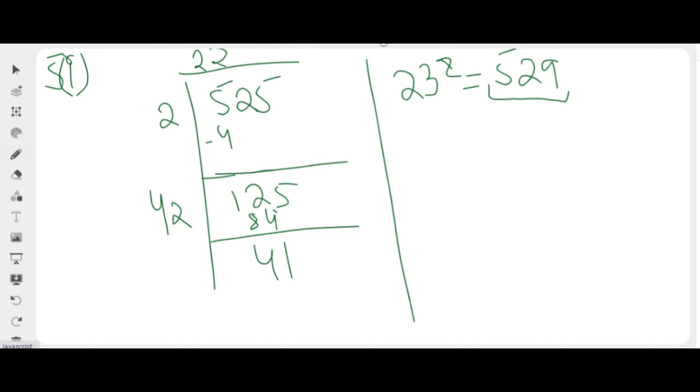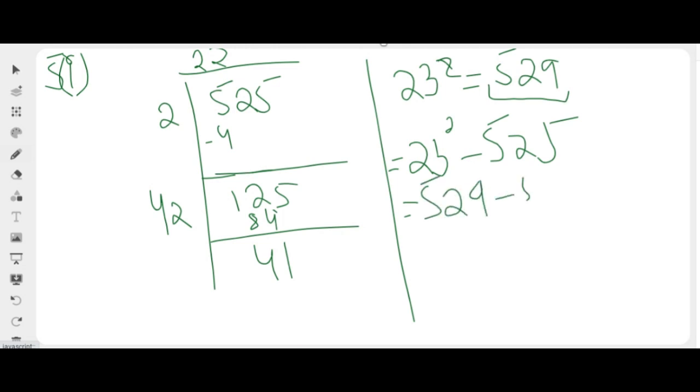No, we don't have to add here. We have to do 23 squared minus 525, so 529 minus 525, and by subtracting both we get the answer 4.